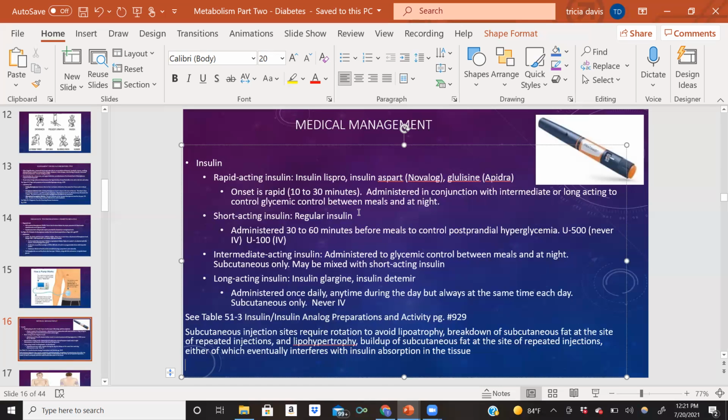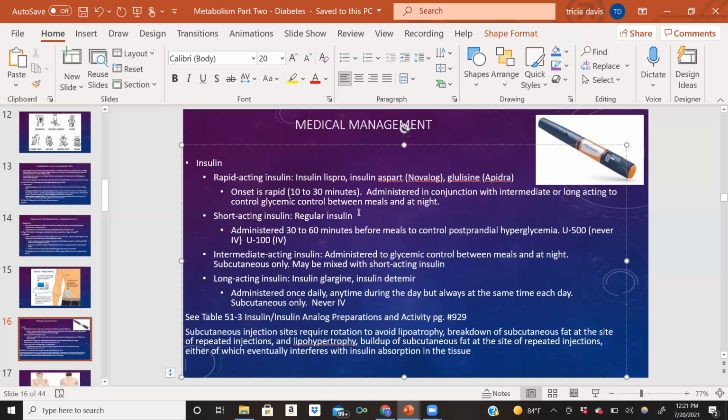Usually, if any patient's getting IV insulin, they're going to be in the intensive care unit. We can't give that on regular med-surg floors. U100, I believe, is given through the IV. I've never given IV insulin, so I'm not exactly sure.